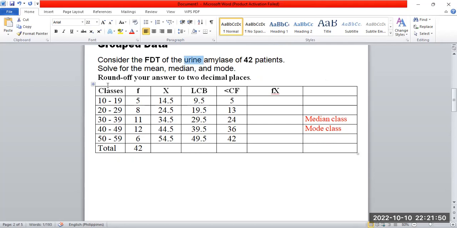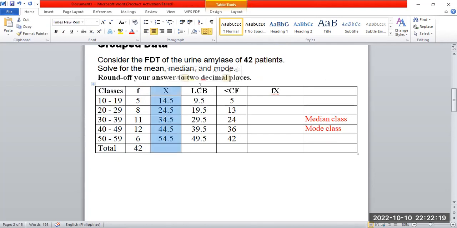Okay, so this is the frequency distribution table. Hindi siya complete, but these are the parts of the FDT na we need in finding the mean, median, and mode. So these are the classes or the class interval, the first column, and the F is the frequency, and capital letter X, this is the class mark or CM.